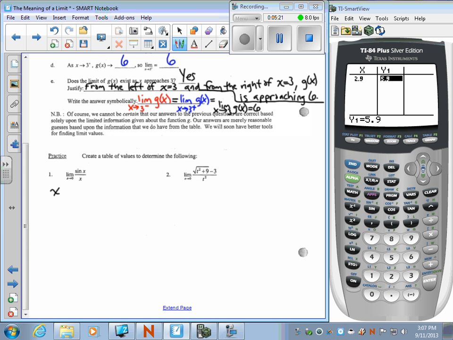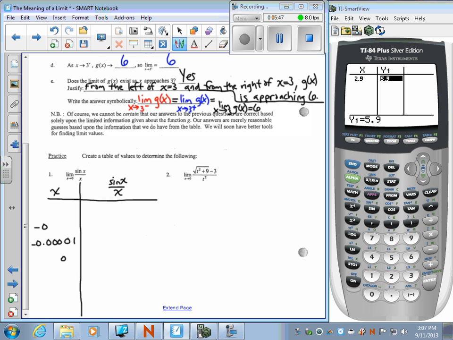So basically what we want is to make a table of values. And the middle of our table of values should be 0. That's what I'm trying to get close to. Really, really close to that is going to be negative 0.00001.